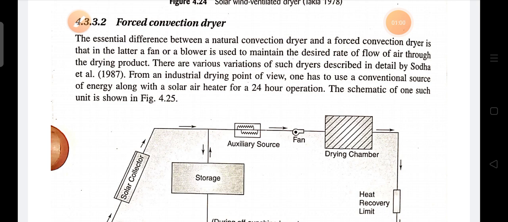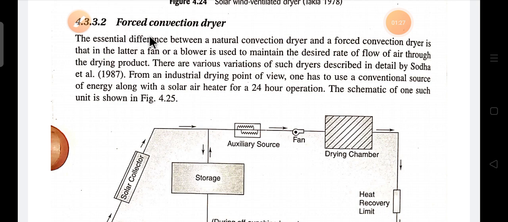But in a forced convection dryer, we use fans, blowers, and some mechanical instruments to circulate air or to store heat. That's why it is called a forced convection dryer.